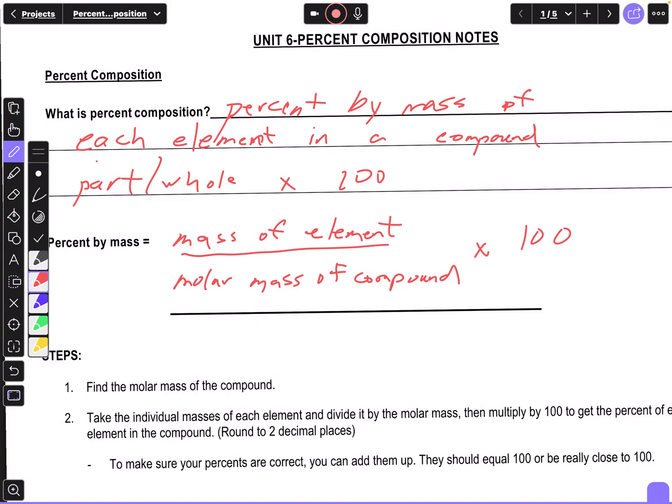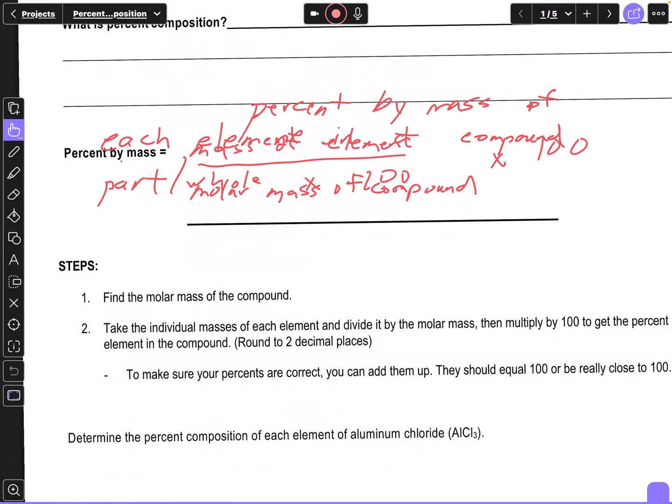Now, where this is important is if you had a chemical that you didn't know what it was, you could find what elements it was made up of. You could do certain tests to find the percent of each element in that compound, and from that data, you could come up with the formula for that compound. So that's one way it's used.